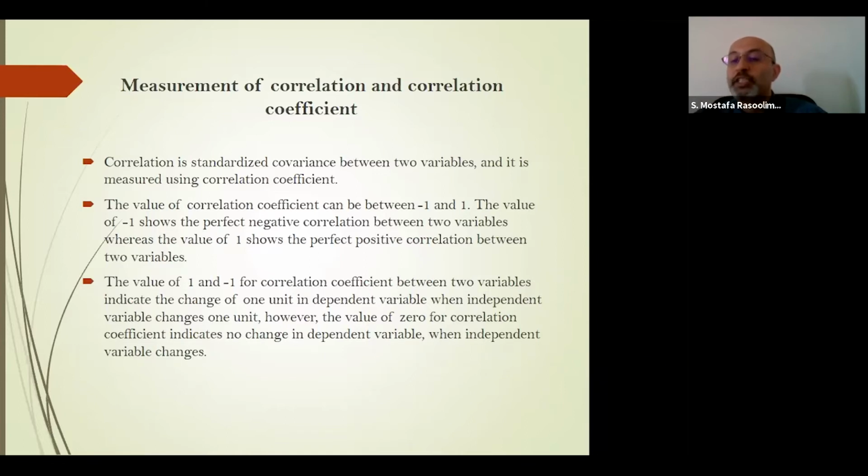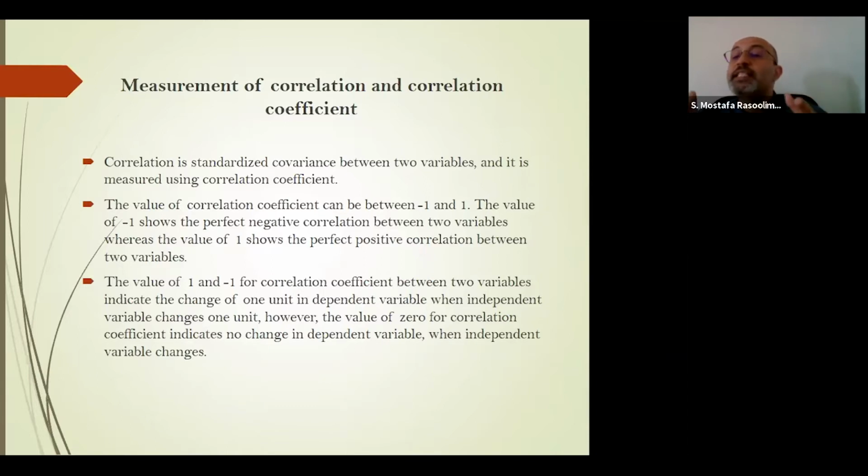So the sign of correlation refers to the type of relationship. If two variables are related and increase together, the correlation is positive. But if by increasing one variable, another variable decreases, it's a negative correlation, right?